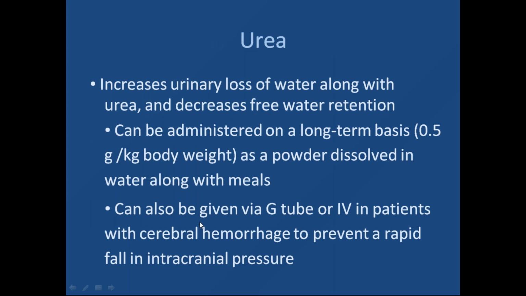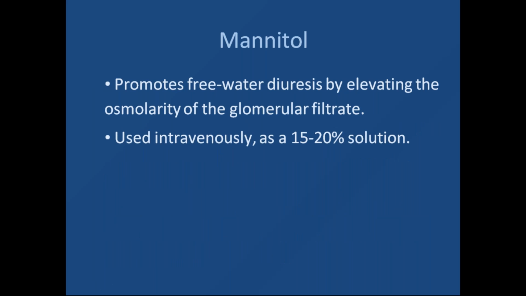It is a tetracycline. So what does urea do? It increases urinary loss of water along with urea and decreases free water retention. So there will not be much water in the body. It can be given as a powder through IV or gastrointestinal tube.